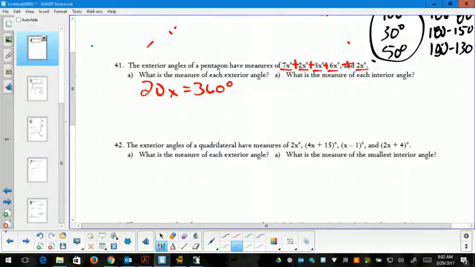If you combined like terms and added them up to equal 360, since it says they're exterior angles, you got 20x equals 360, divided by 20, x equals 18.